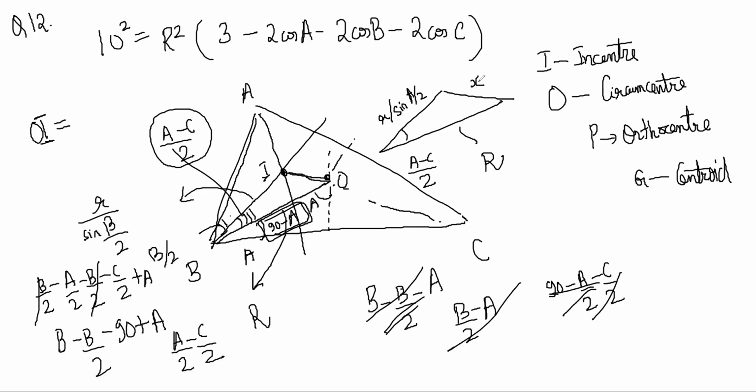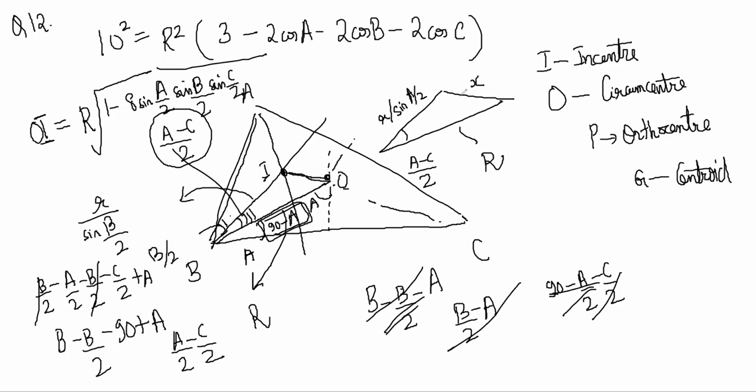By cosine rule, after a lot of simplification and manipulation of the symbols, you will finally get the distance between circumcenter and incenter as capital R root over 1 minus 8 sine A by 2 sine B by 2 sine C by 2.